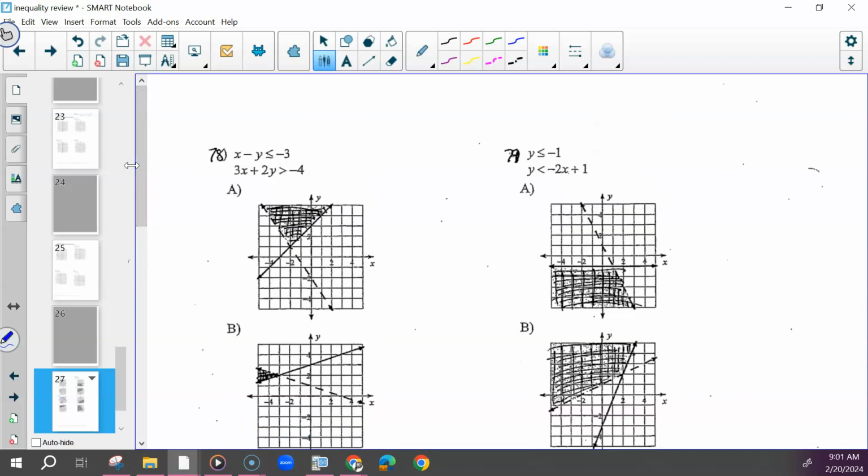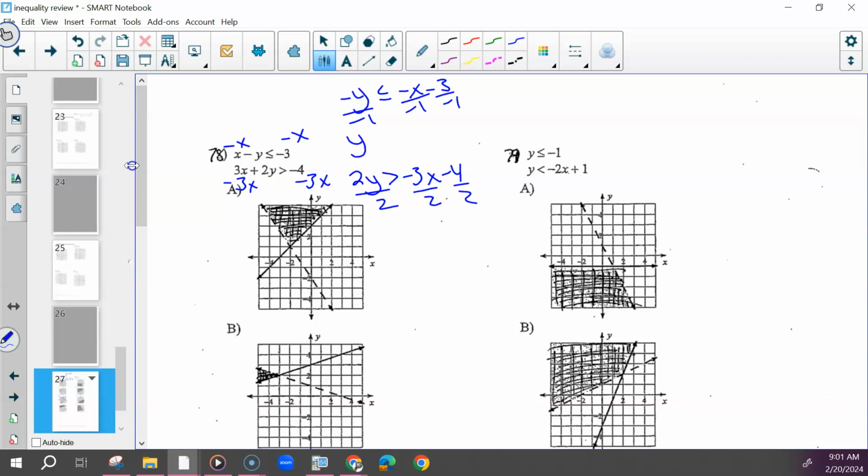Alright, so if I solve these, I'm going to do this simultaneously. Subtract x, subtract 3x. Divide the first one by -1, and the second one by 2. The sign is going to change on the first one, and everything becomes positive.